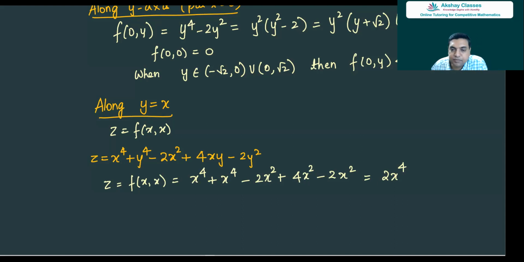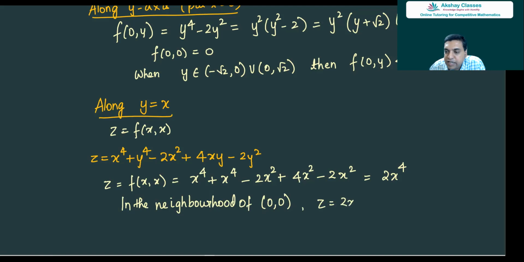Now, in the neighborhood of 0, z is 2x^4, which is always positive.